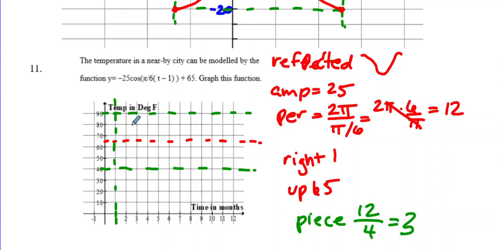So if I start my cosine graph low here, I'm going to go 3 months, 1, 2, 3, before I hit the midline. 1, 2, 3 months before I hit the top. 1, 2, 3 months before I hit the midline again. 1, 2, 3 months before I hit the bottom. And then you want to graph the temperature of this city.